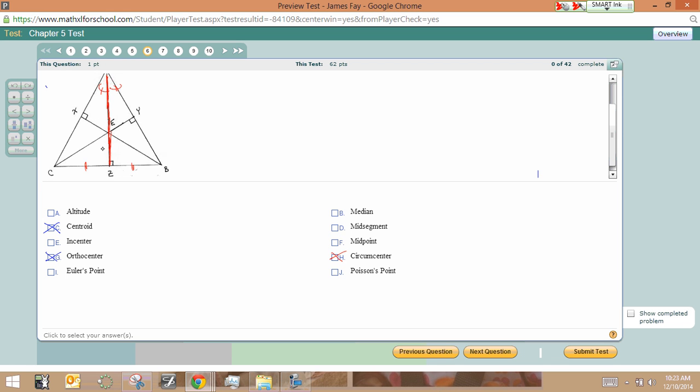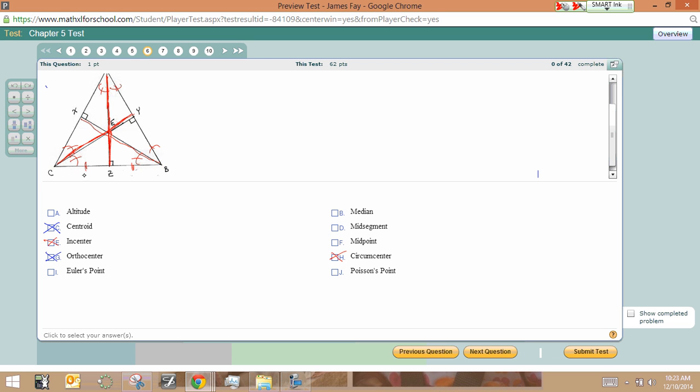But what's neat about an equilateral triangle is that all these angles are the same. So this line here does the same thing for that angle there, and this line here does the same thing for that angle. So all these red lines are also angle bisectors. And the angle bisectors meet at the incenter, which is right there.